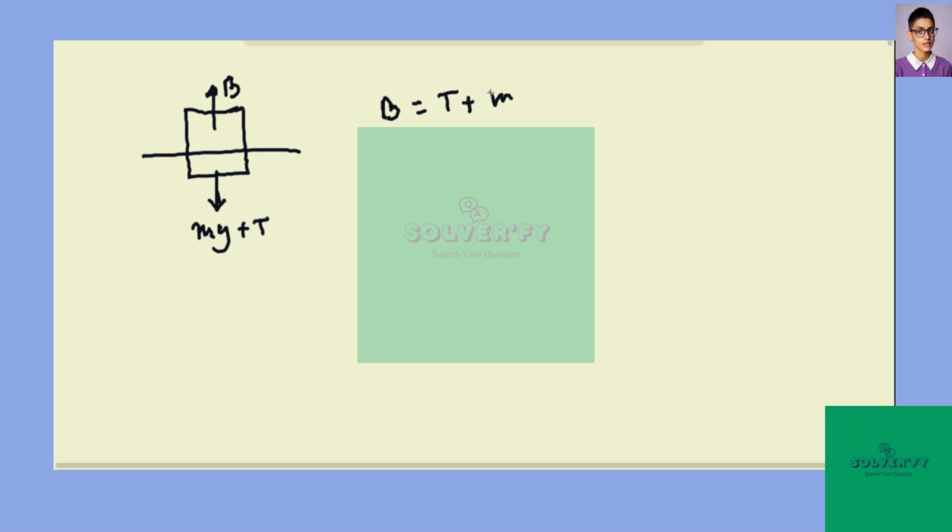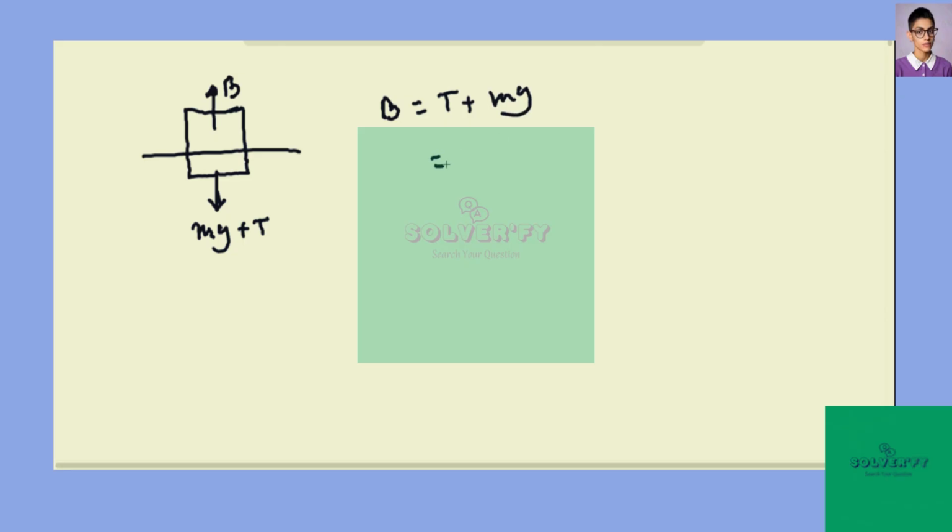So what happens is you have the water surface, and 25% of the block is submerged. The weight of the block plus the tension is acting downward and the buoyant force is acting upward. Now we will have the buoyant force equals tension plus mg.